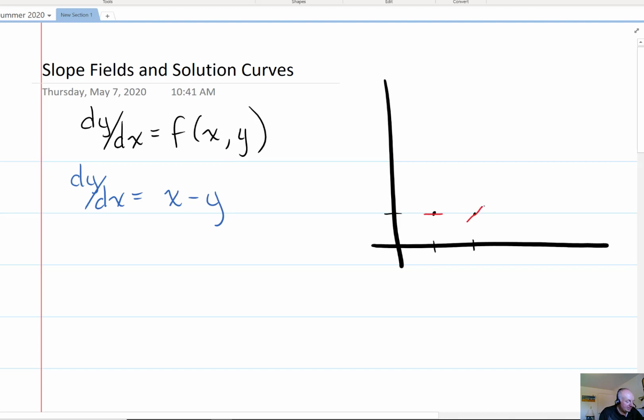We put a little line segment in there to indicate that the solution, whatever it is, needs to be tangent to that line at that point. And we can continue this. We go to (1, 2), and the slope field entry there would be 1 minus 2.